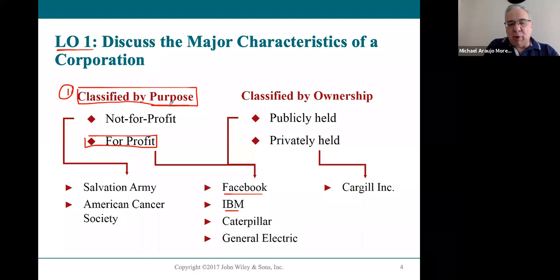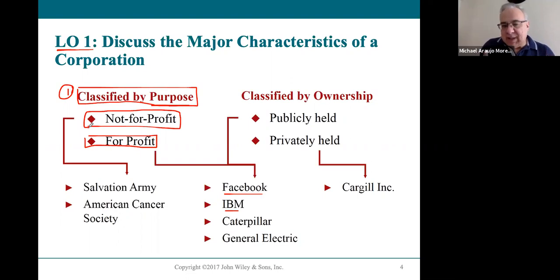And of course, you already know some of the large companies that are for profit. But another purpose of creating a corporation is to create a not-for-profit corporation, which is an organization whose mission is not for profit. It could be educational, charitable, religious, or other related types of mission-based, social purposes.